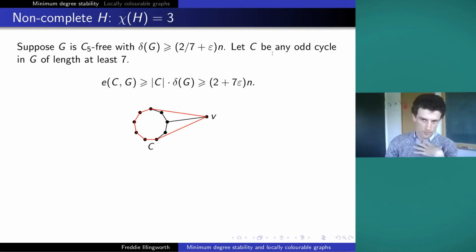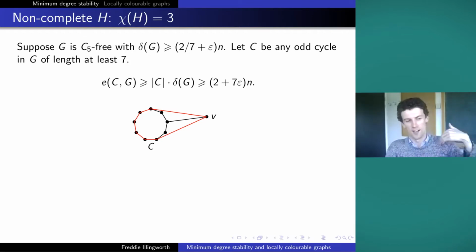So pick any odd cycle in G of length at least 7, so a long cycle in G. And now let's count the edges between the cycle and the rest of the graph. From C's perspective, each vertex of C sends at least the minimum degree of G edges to the rest of the graph.